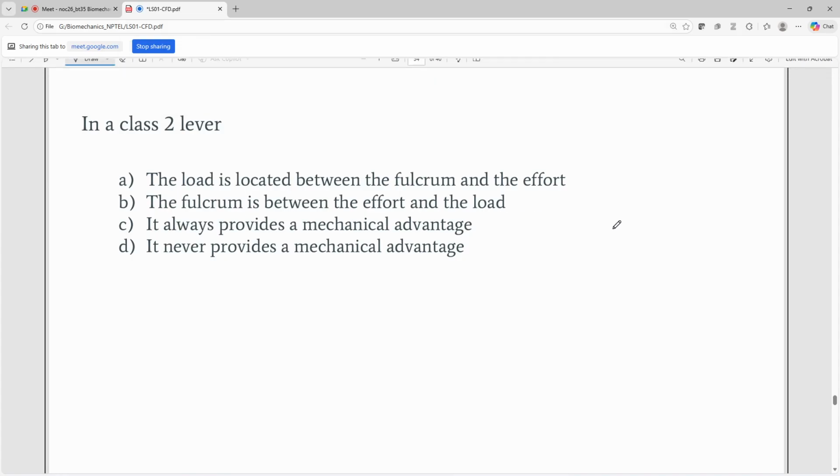So for easily remembering the class levers, we have already said that in class 1 lever, fulcrum is in the middle. So option B here is wrong. For class 1, fulcrum is in the middle.